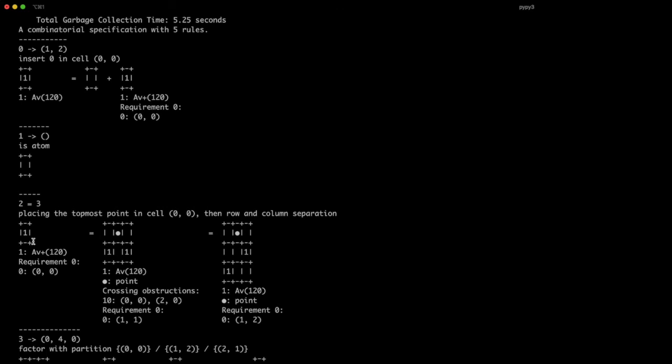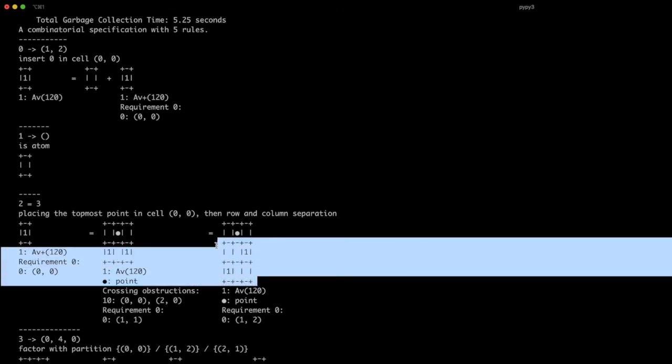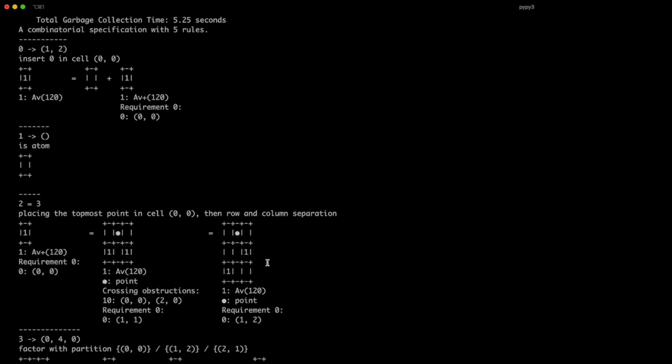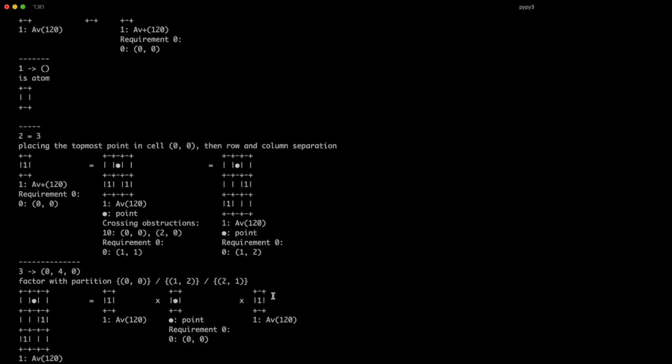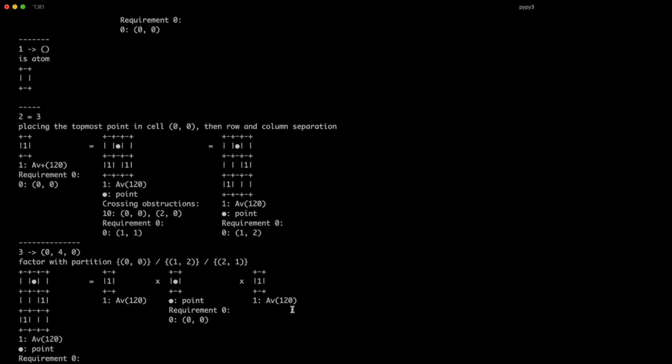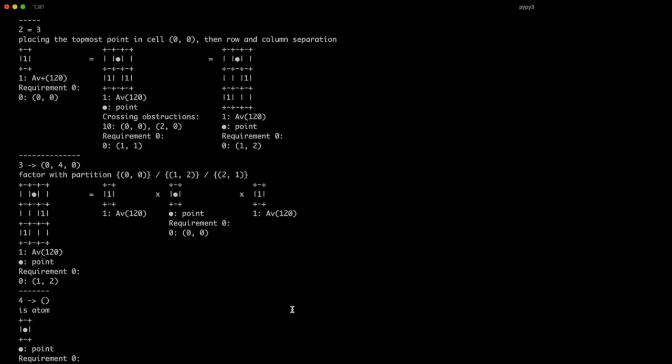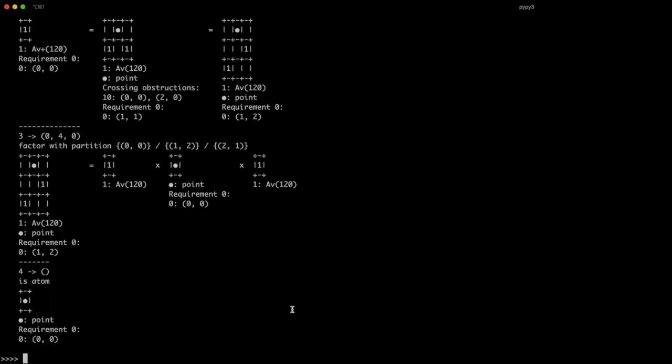If you have at least one point, let's place the maximum. We realize that then the left and the right split vertically like this. And then this part of the picture can be factored, just like we did by hand. And this is then enough to understand the avoiders.